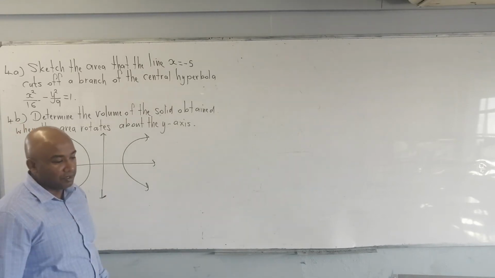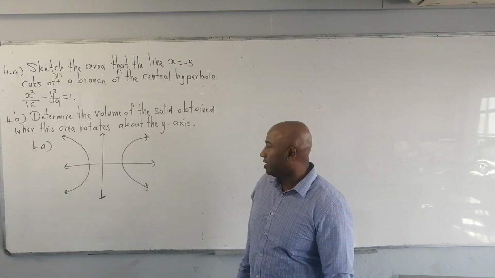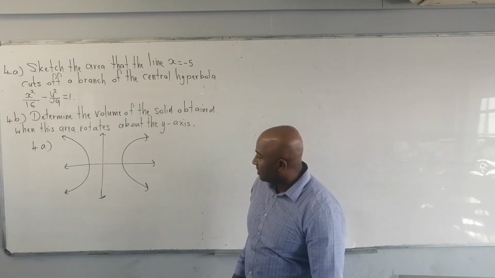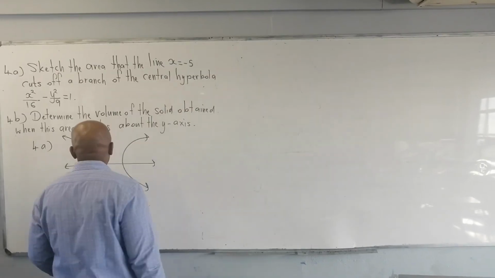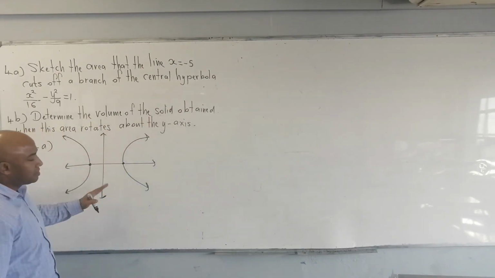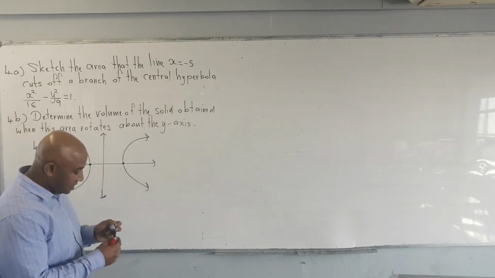That is your central hyperbola, just because you see that negative sign. So what you need to do is work out the x-intercepts of these terms. There are asymptotes, we don't have to worry about that for now. The main thing is work out these x-intercepts.